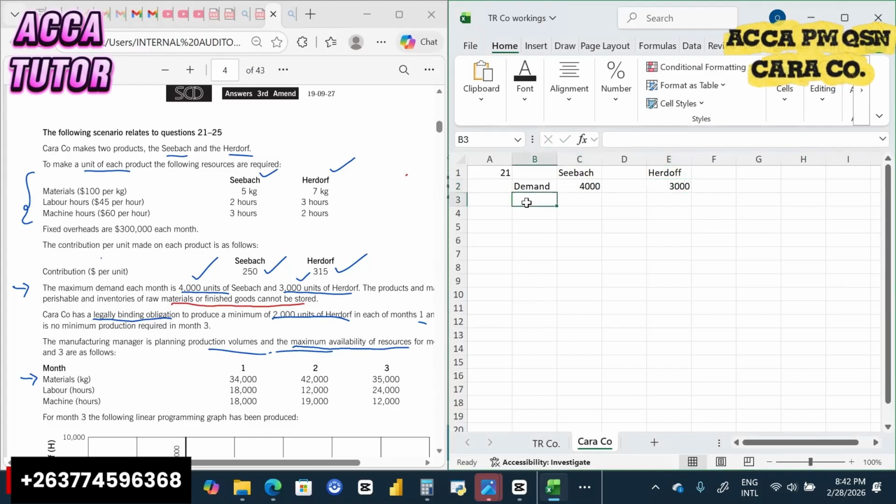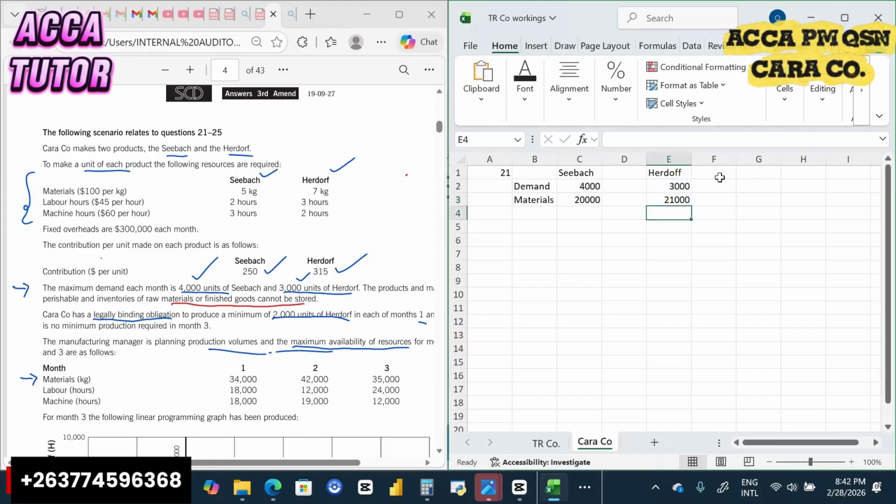Now, materials. C batch requires how many kgs per unit? 5, right? 5 multiplied by how many units? 4,000. So we need 20,000 kgs. Now for head of, it's 7 kgs per unit multiplied by 3,000 units.